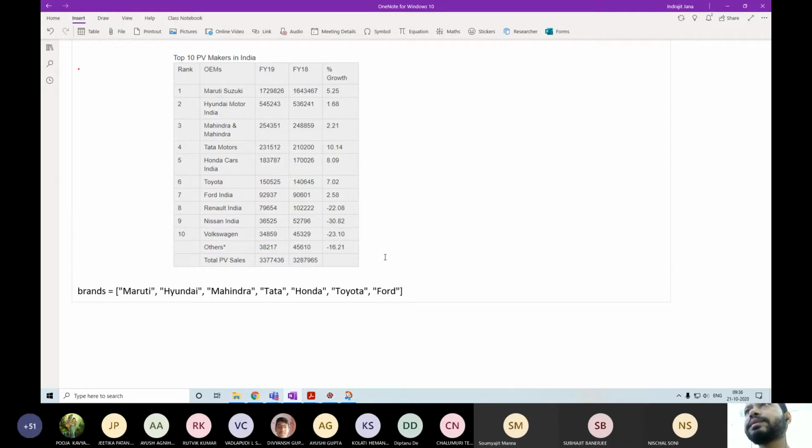Ford. Renault. Nissan. Volkswagen. And there is also our step. And so these are the brands and the sales figure. Excuse me. So I'm doing, let's say, the financial year 19, which is the last year.